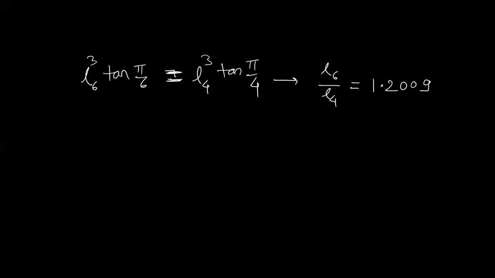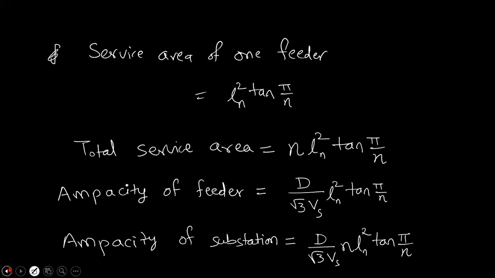Now we can also compare the service areas, like what is the ratio of the total service area when we have 6 feeders and when we have 4 feeders. We have seen in the previous slide that the total service area of the substation is n times l_n square tan pi by n.